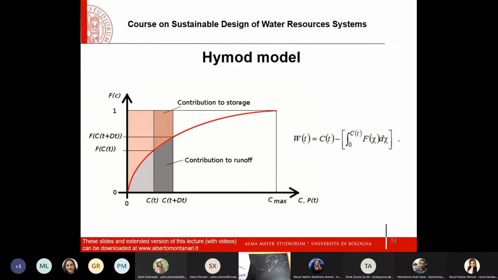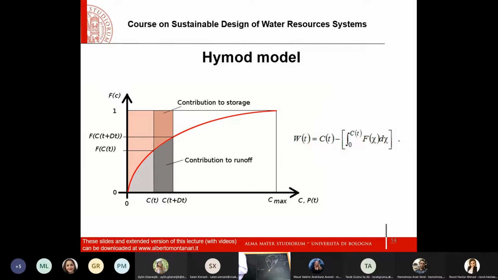Now, this rainfall is partly absorbed by the catchment by a fraction that is between F(C(t)) and F(C(t+dt)). So the product of rainfall times a fraction that is in between is basically absorbed.